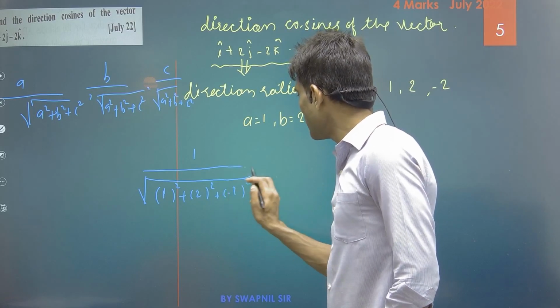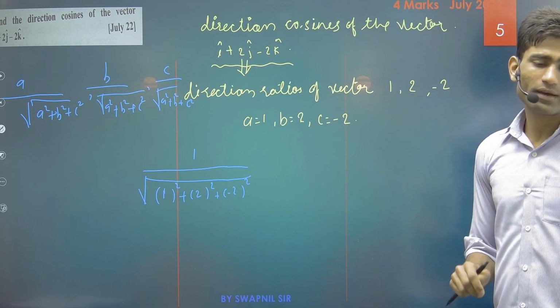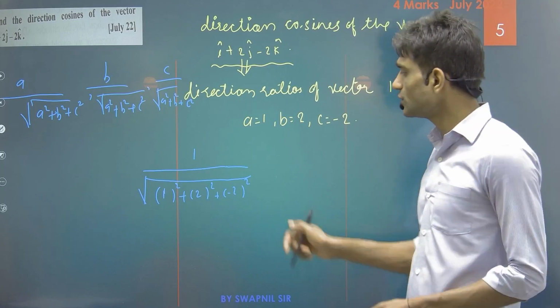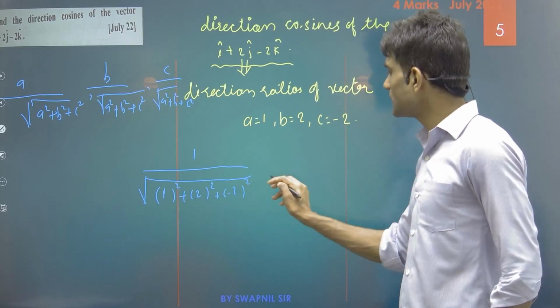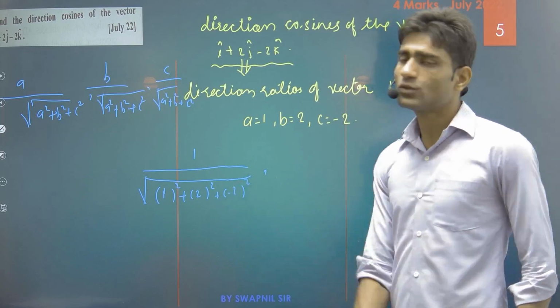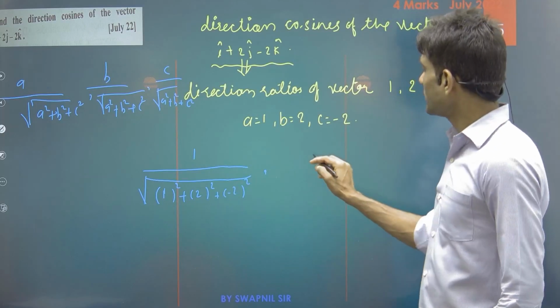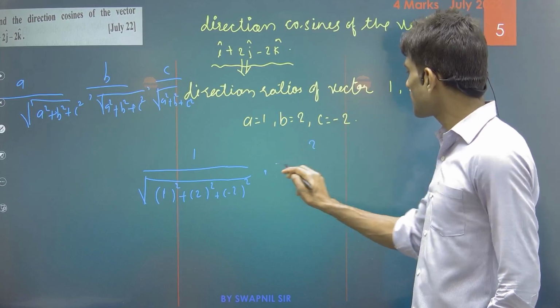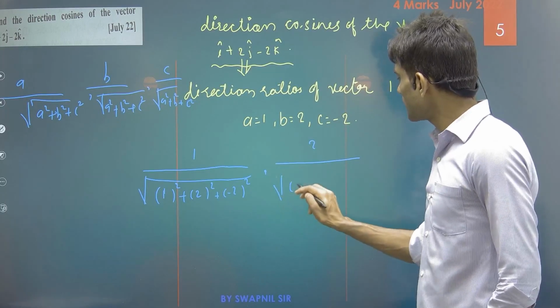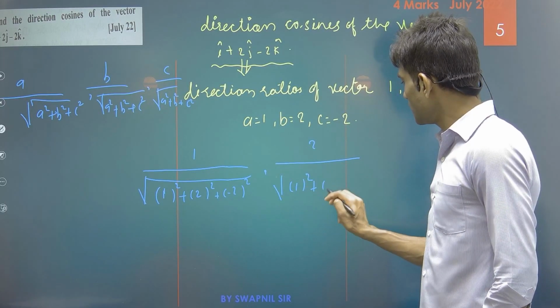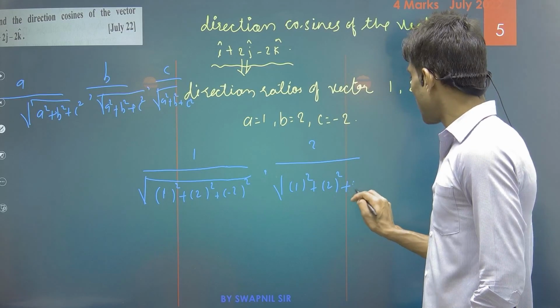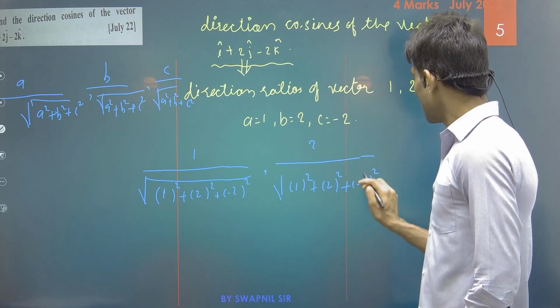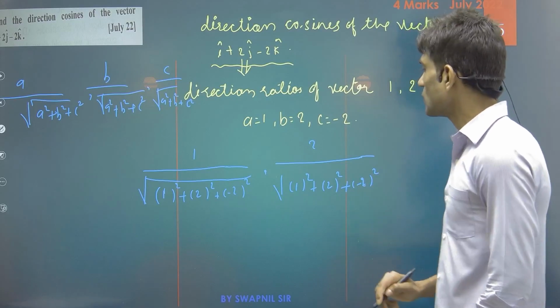We are taking the square of each and every direction ratio. This one is our first direction cosine. Similarly, the second direction cosine is 2 upon square root of 1 square plus 2 square plus (-2) whole square.